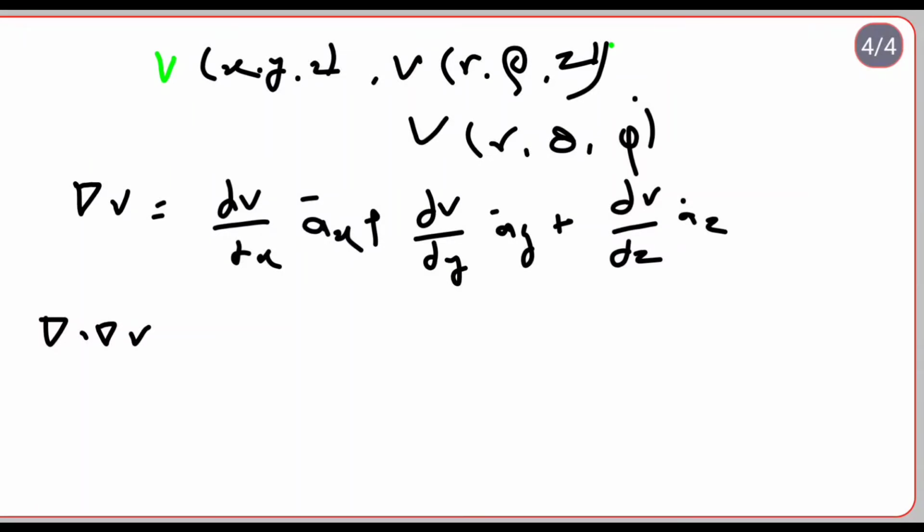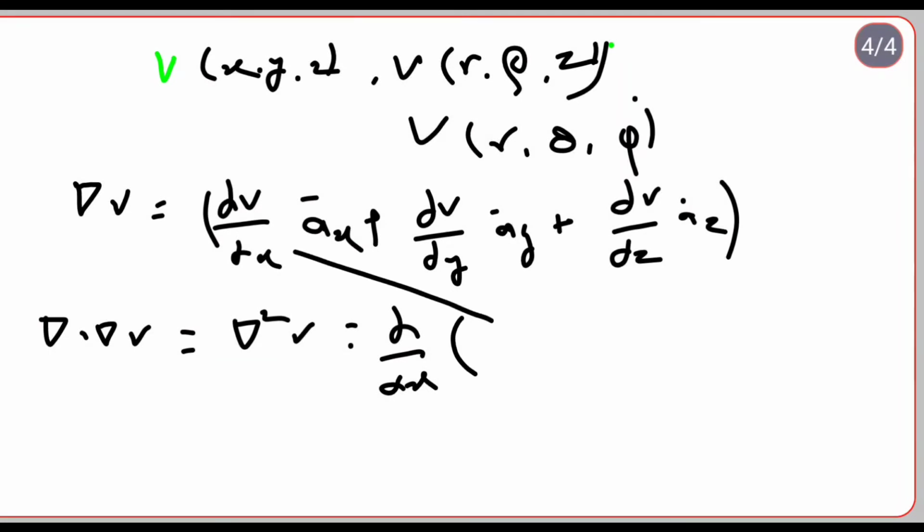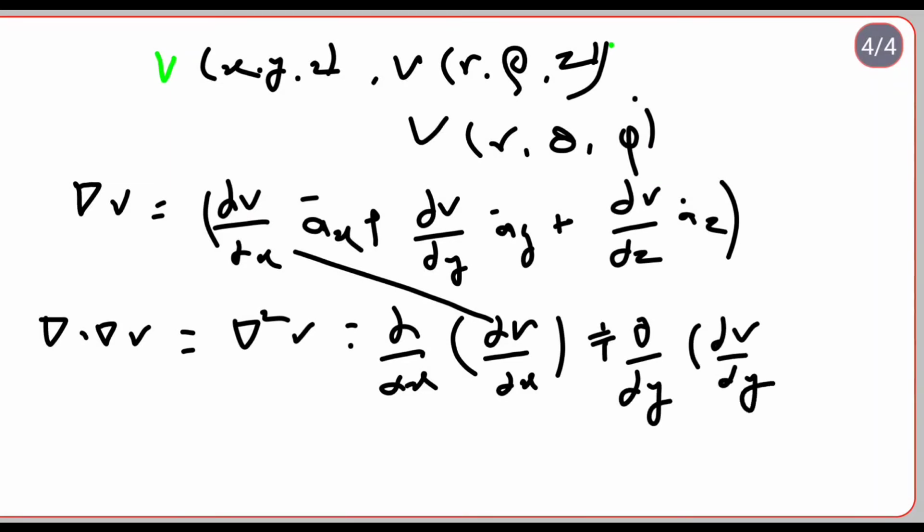That is del square V, again doing partial differentiation: dou by dou x of dou V by dou x plus dou by dou y of dou V by dou y plus similarly dou by dou z of dou V by dou z.